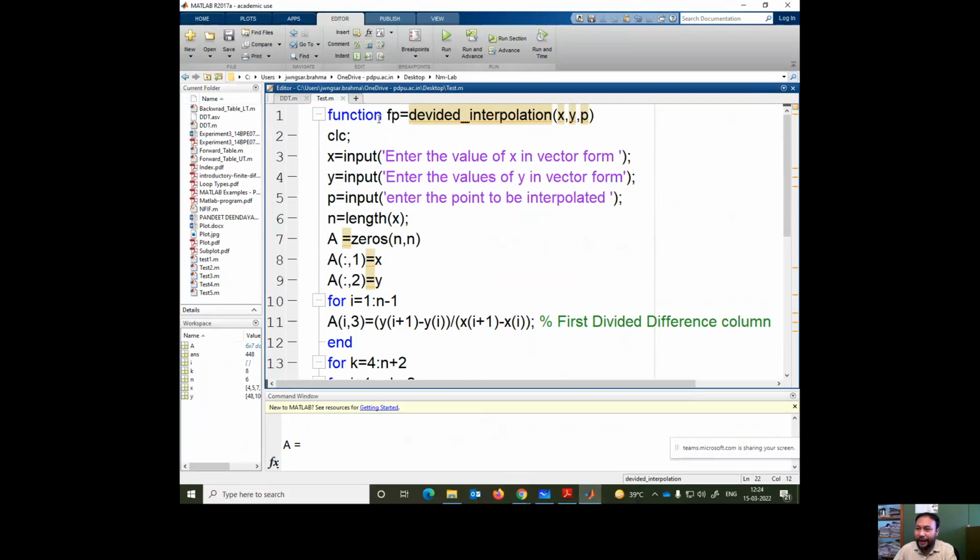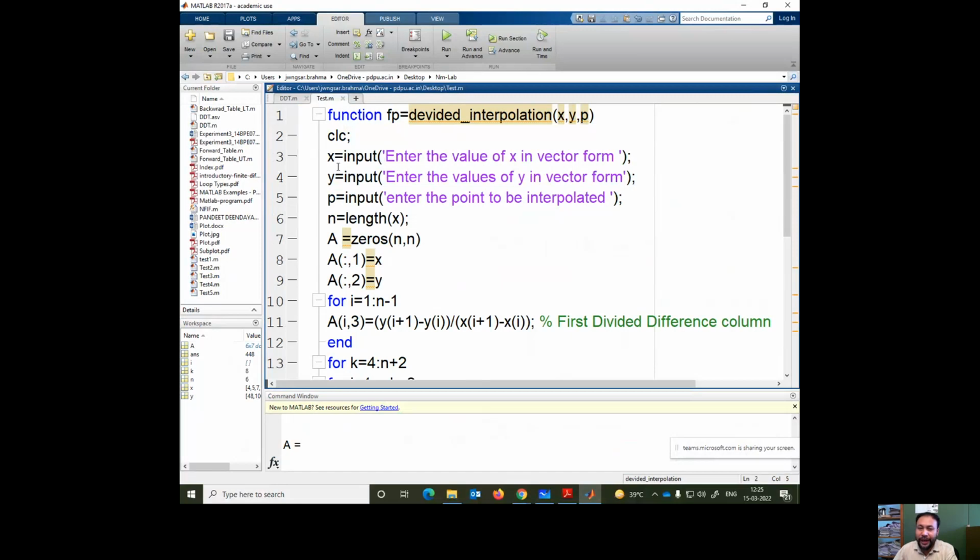Now the function I apply here: function fp is equal to divided underscore interpolation. Here you can write as per your choice. Inside the bracket, I want to input x, I want to input y, then I can get the interpolating value p.